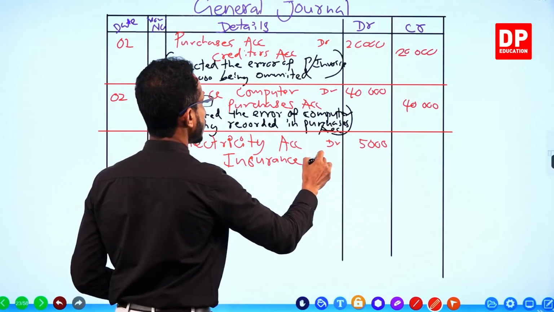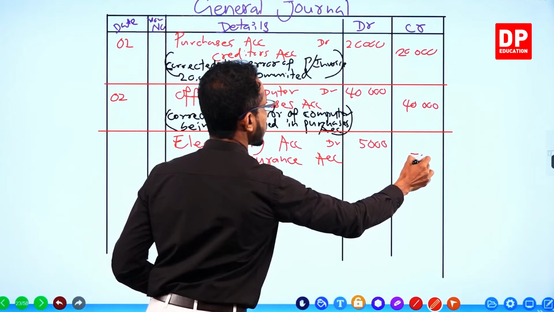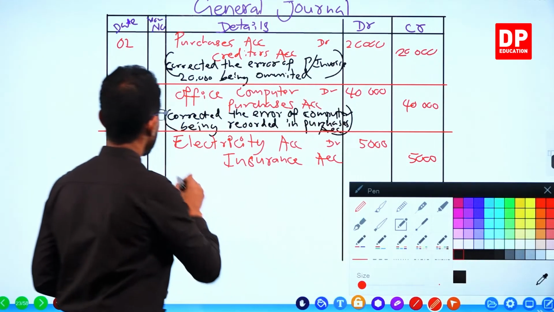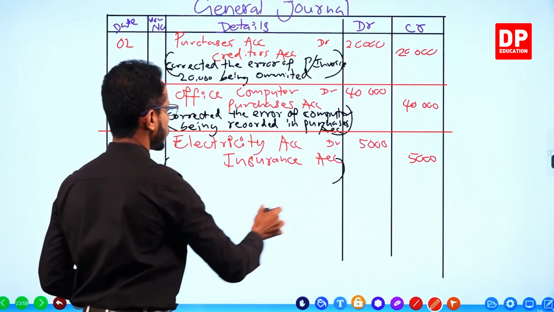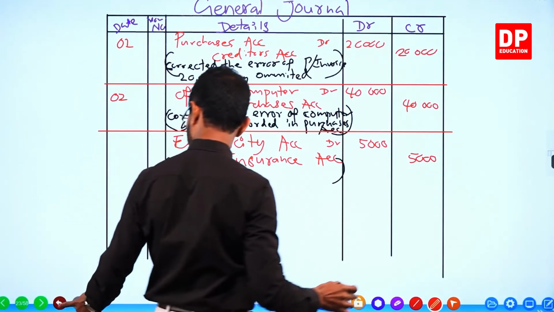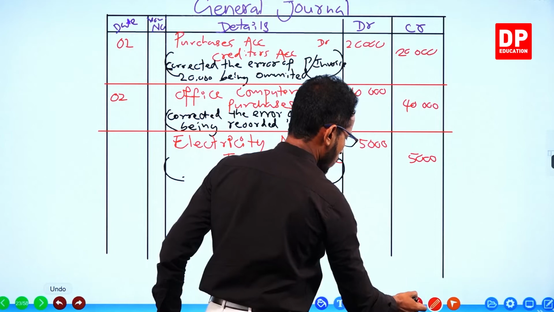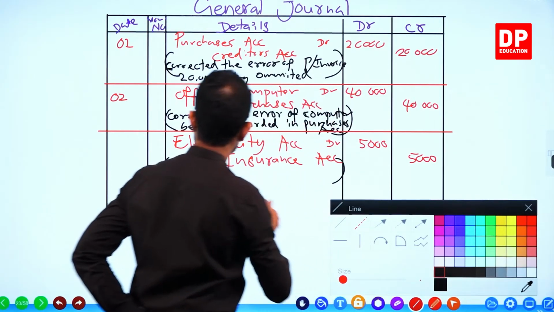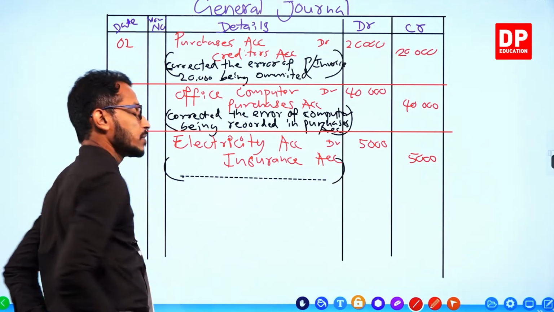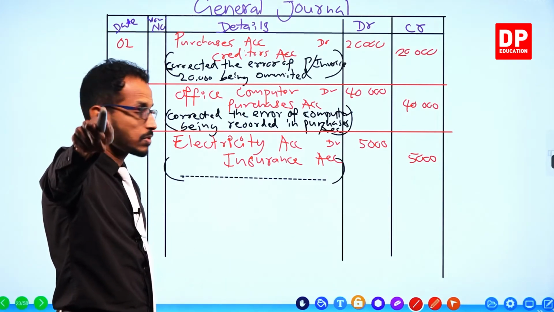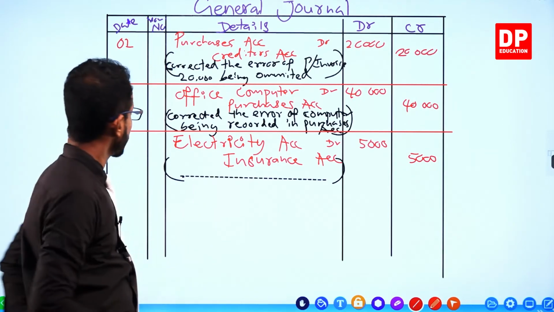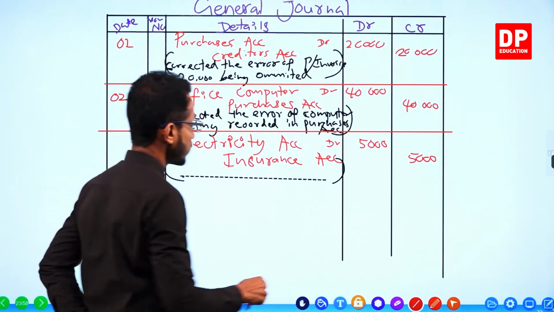Insurance account credit 5,000. Write the narration by yourself. You write it. Then we are done with the third.